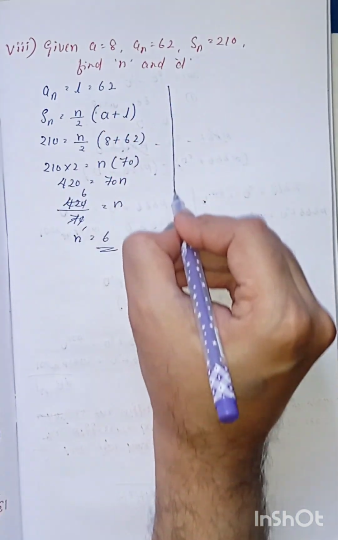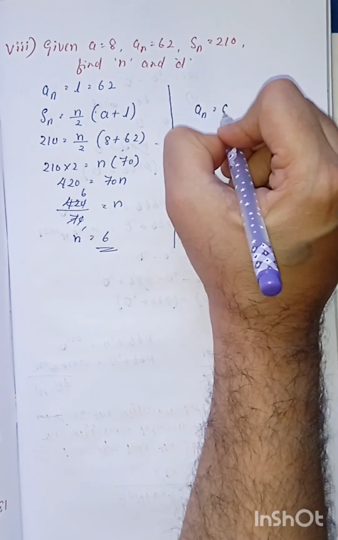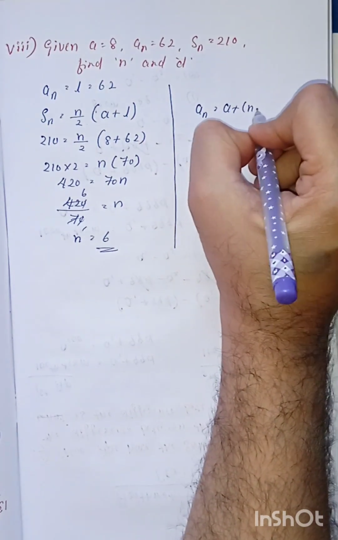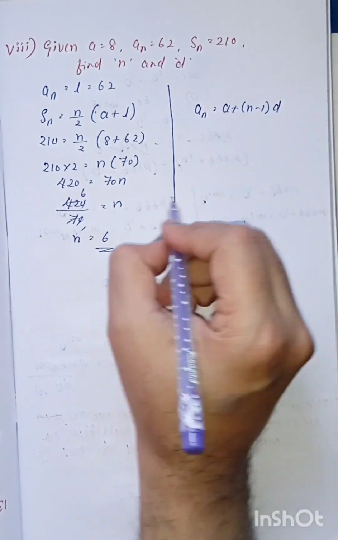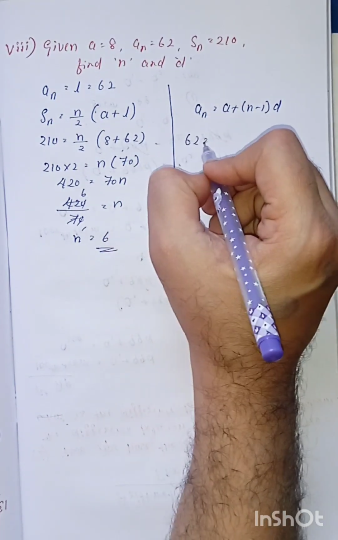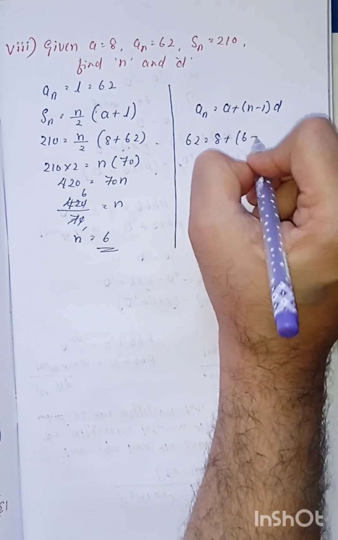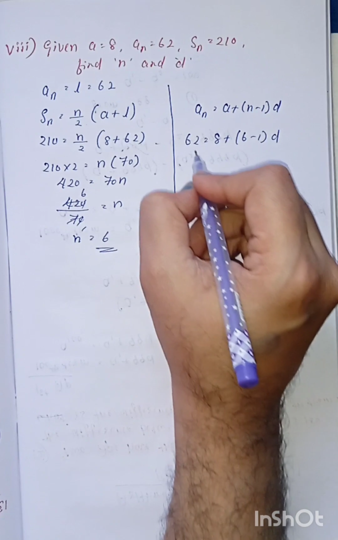Now use the formula of an equals a plus n minus 1 into d. an means what? 62. a means 8 plus n. We just got that, 6 minus 1 into d as it is.